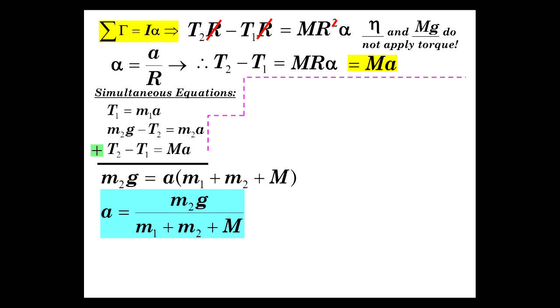Now, before I scoot on to the next thing, it's very interesting to note, you're not surprised that this is the impetus, M2G, to accelerate the whole system, and it's divided by the sum of the masses. But wait a minute, look at big M. Big M has equal weighting as a translational mass, doesn't it? Like if we had this block on the table, it'd be the same thing.